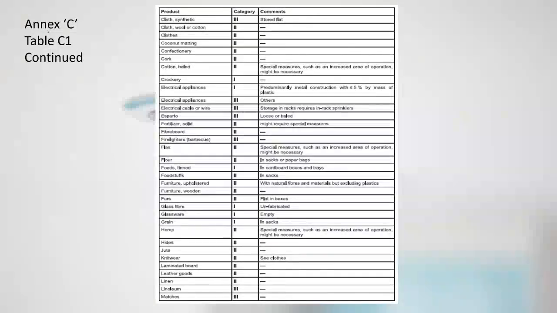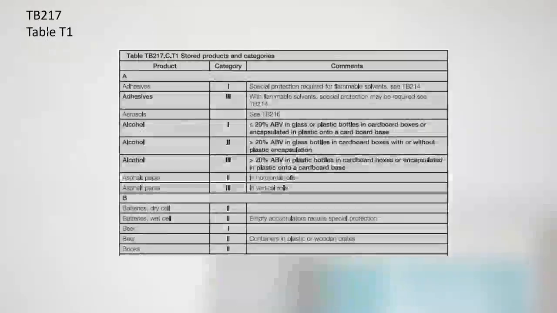Foods in tins and cardboard boxes and trays, category 1. Wooden furniture, category 2. Hemp, special measures such as increased area of operation might be required, but it's category 2, etc. That's where you get the categorisation of goods.